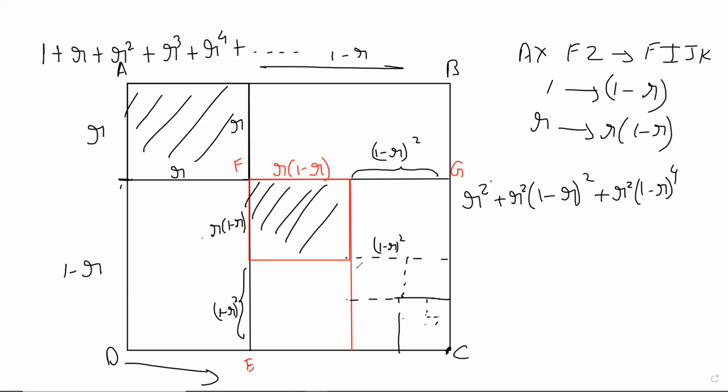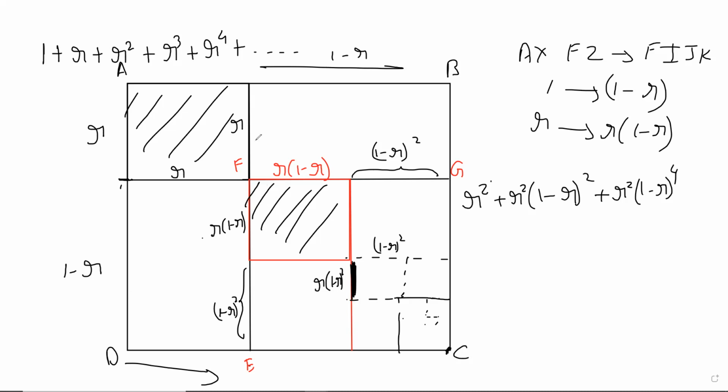This thing here will become r times 1 minus r square, because again it will get multiplied by 1 minus r. Is that okay? See, the scenario is the same, right?